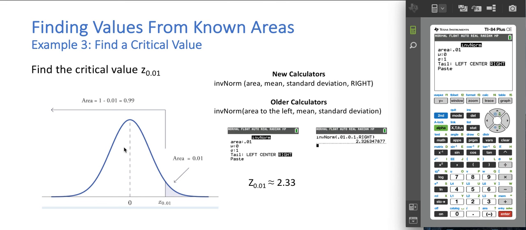The area to the left is 1 minus that 0.01. So you can type that right like that in your calculator, 1 minus 0.01, comma, 0, comma, 1. Older calculators are actually finding the area to the left. I just wanted to do this again to show you that you get the same answer, 2.33.